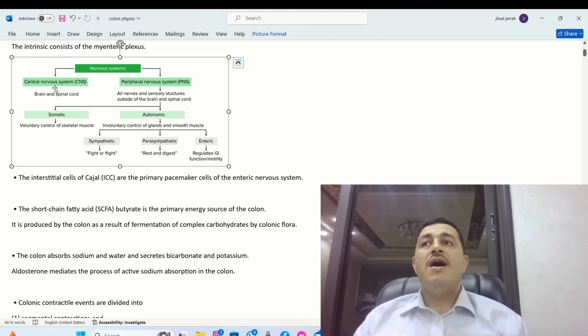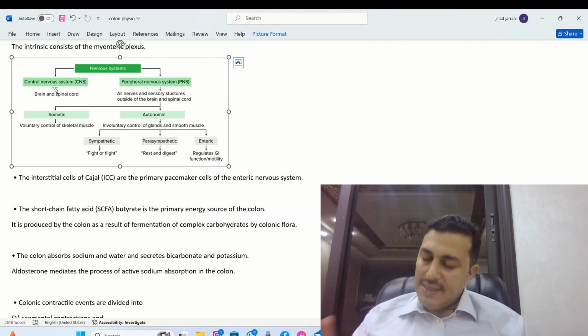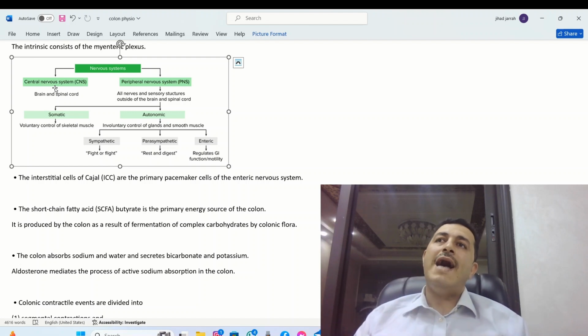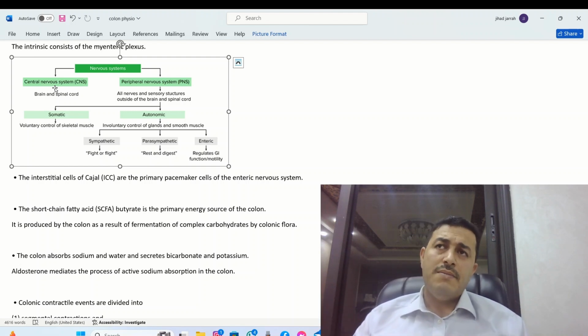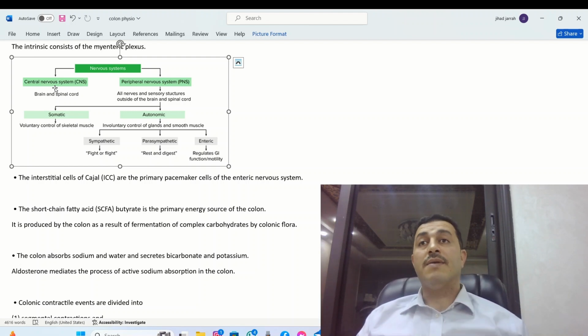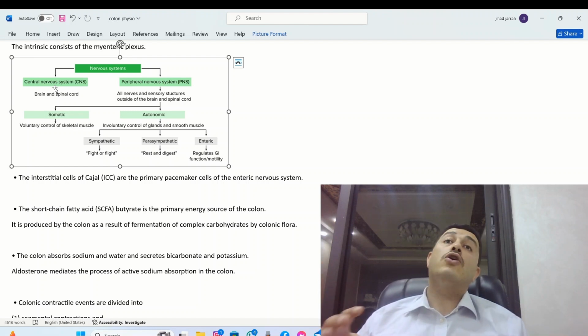The central nervous system means the brain and the spinal cord, and we have many reflexes, as we will see, that control and participate in the motility of the colon: short arc and long arc reflexes, of them the gastrocolic reflex. This is mediated by the central nervous system. The peripheral nervous system is divided into somatic and autonomic; actually, somatic has no role in the colon.